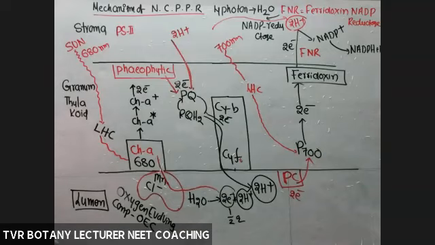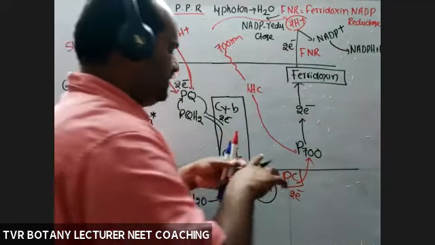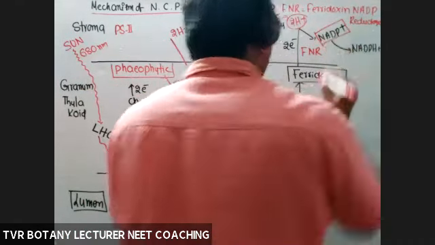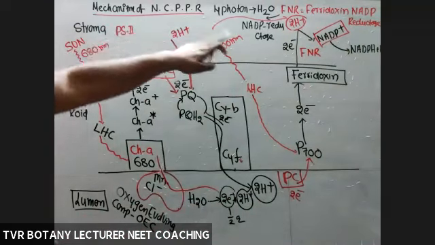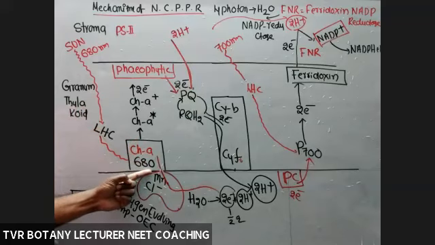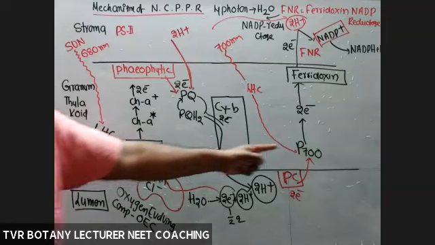So here, who is the ultimate donor of electrons? H2O. The ultimate electron acceptor is NADP plus, the final acceptor of electrons. What is the role of light in both cases? To drive electrons present in the reaction centers of 680 and 700.